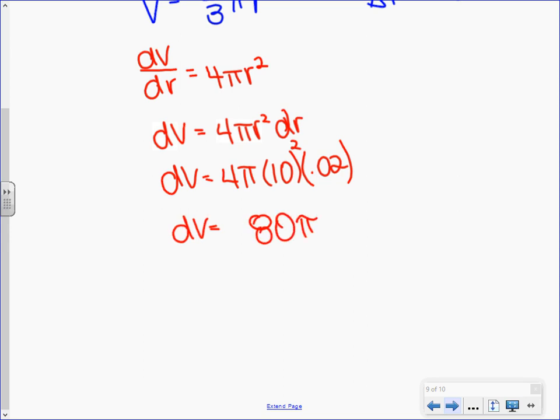And remember, this could be plus or minus. So we could be off by 80 pi cubic centimeters. 100 times 0.2 is 20, so it'd be 8 pi.